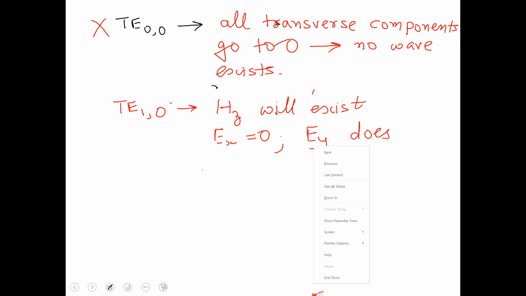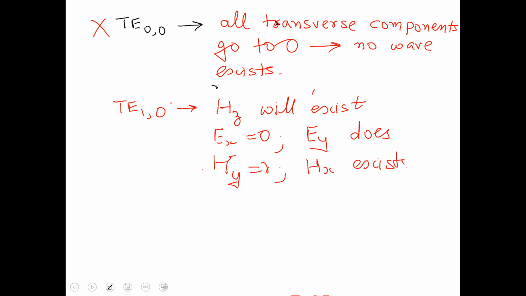Hx doesn't exist. Sorry, Hx exists. Hy goes to 0, but Hx exists. So in TE10, you have three components present.